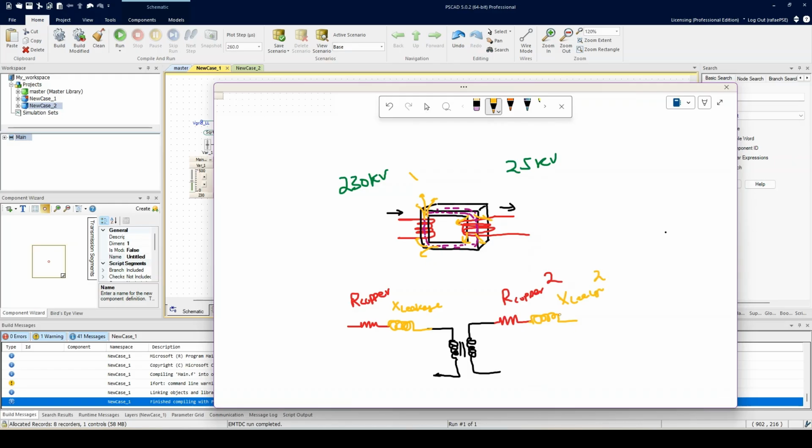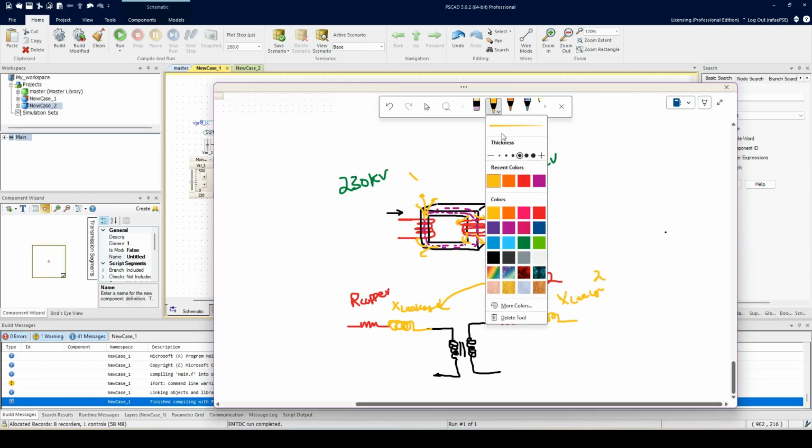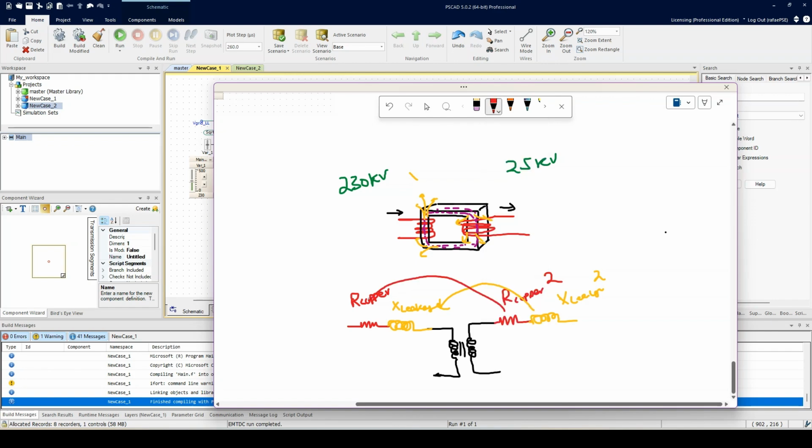Now, keep in mind that we can always shift the resistances and leakages and show them on the left side. Again, this is the basics of transformers. You can read up on it online, and I'll try to add some videos that go over these basics as well.